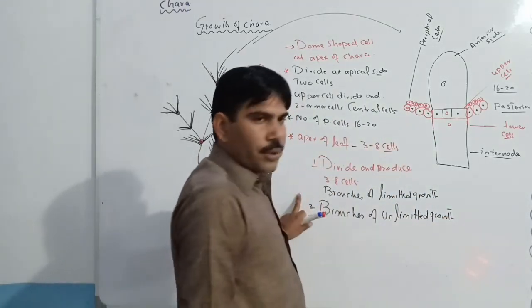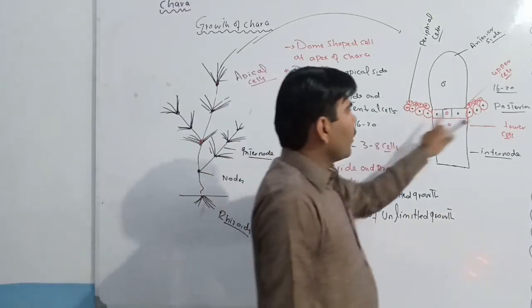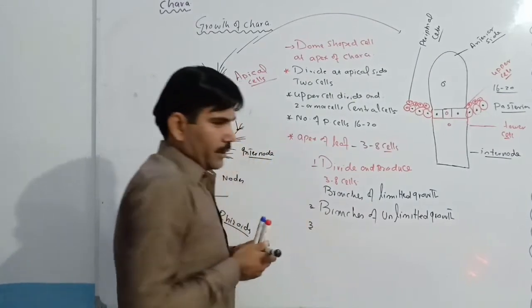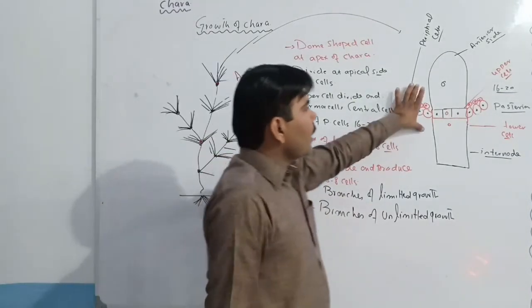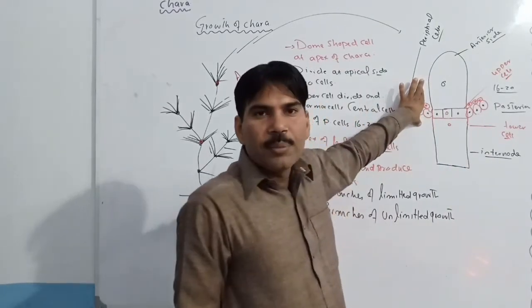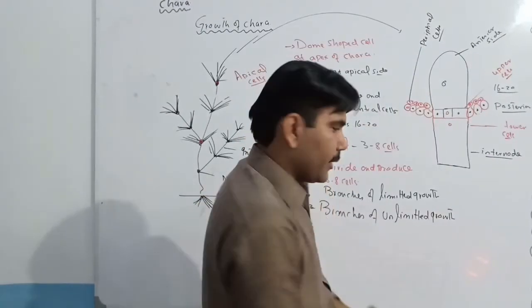So, 2 structures are formed as a result of division of these peripheral cells. Third structure, which is formed: some cells out of these cells will divide and produce small spine-like structures.